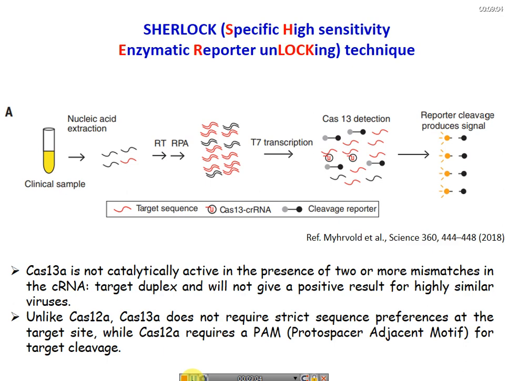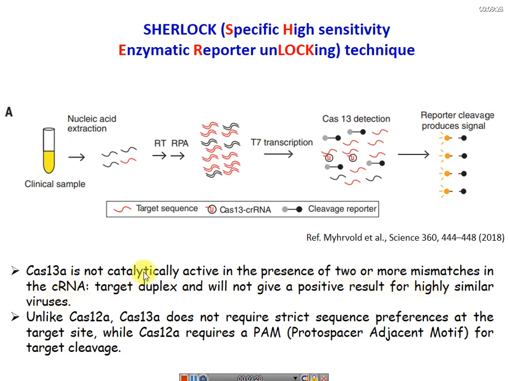In the case of the Sherlock technique, we are using Cas13. In the DETECTR assay, we were using Cas12, right? So this Cas12 is not catalytically active in the presence of two or more mismatches in the crRNA target duplex, and will not give a positive result for highly similar viruses.